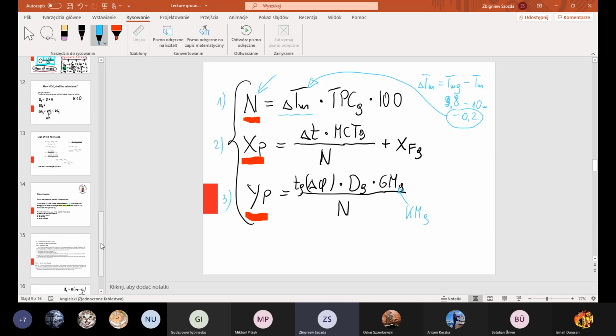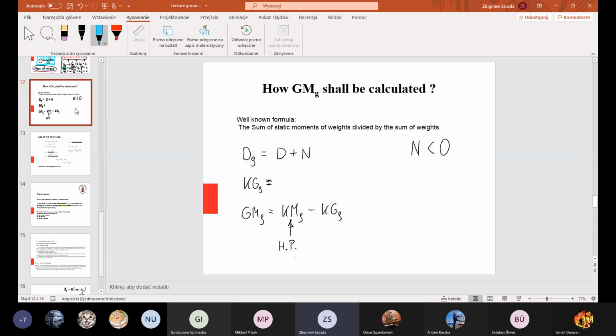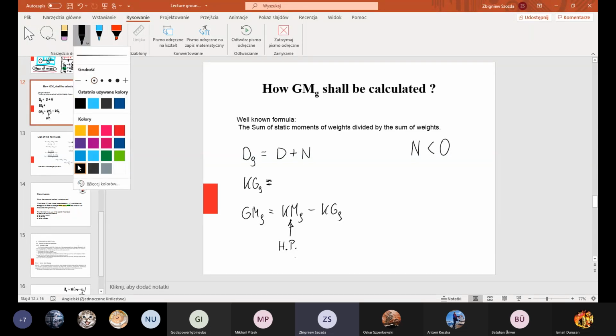Okay, so coming back to the formula, the first is done, the first proposed by God's power, and the second one, the method how to calculate position of the center of gravity after grounding. Somebody started something about weights.